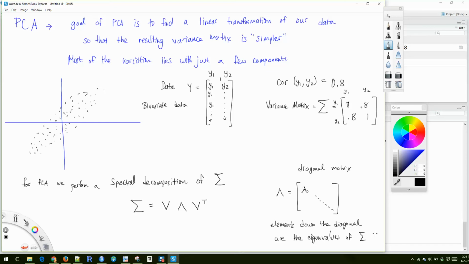And then the other ones, your V and your V transpose, are basically your eigenvectors. So you have eigenvector V1, and of course there are multiple elements, and then it's all of the eigenvectors together.